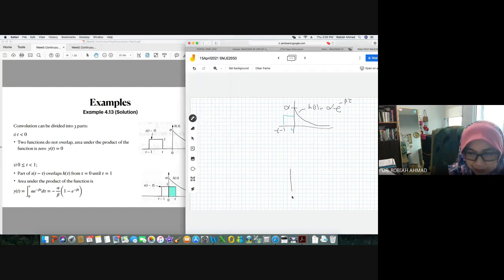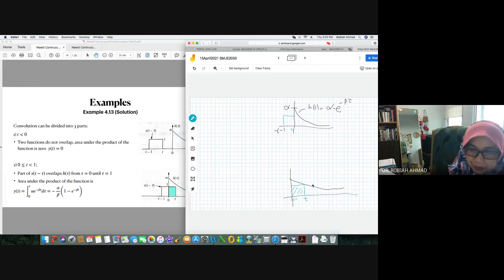Yang case bila dia fully tu, bila t minus 1 ni equal to 0, yang ni jadi 1. Okay.